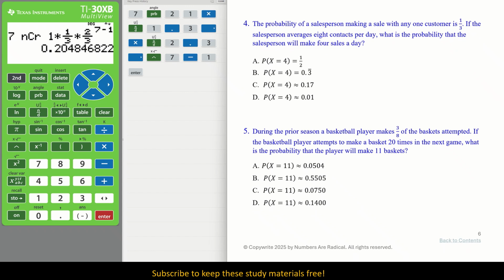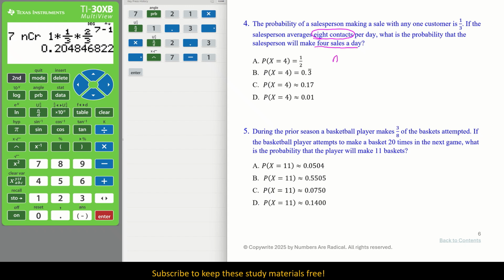The probability of a salesperson making a sale with any one customer is 1/3. If the salesperson averages 8 contacts per day, what is the probability that the salesperson will make 4 sales a day?